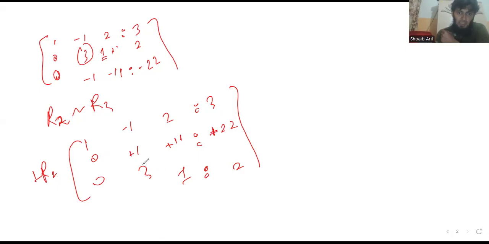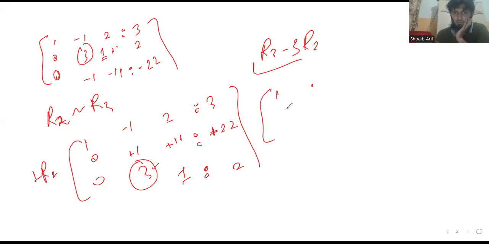So now we want 0 in this place. So apply the operation R3 minus 3R2. By using R2, we will get 0 in this place. Okay, so write 1, 0, 0.